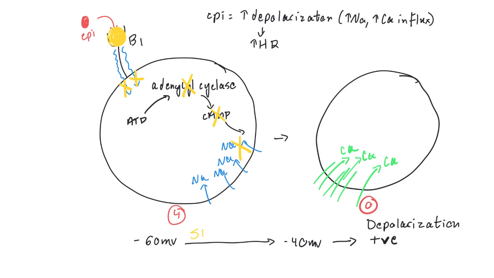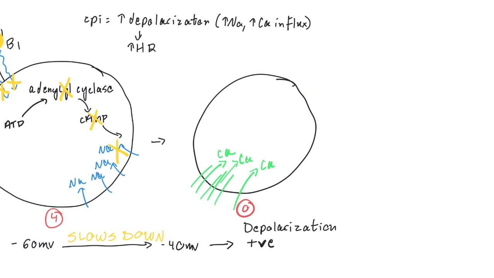So the cell doesn't move from phase 4 to phase 0 quite as quickly. So at the bottom, I'm going to write slows down. That's the action of a beta blocker. So I'll write that at the top. A beta blocker equals decreased depolarization, which means a decreased heart rate.